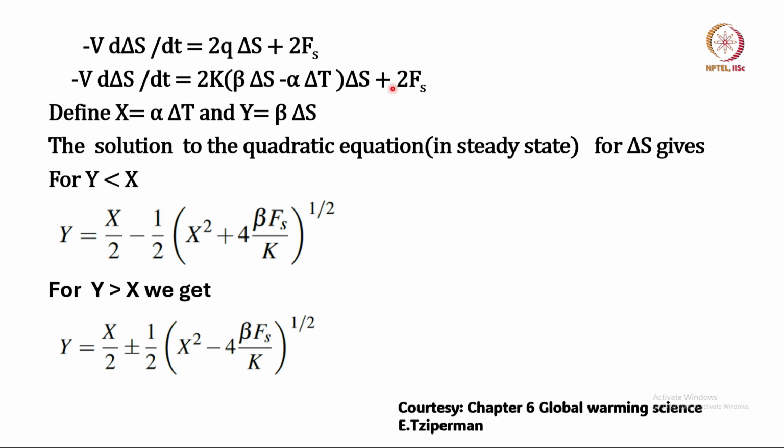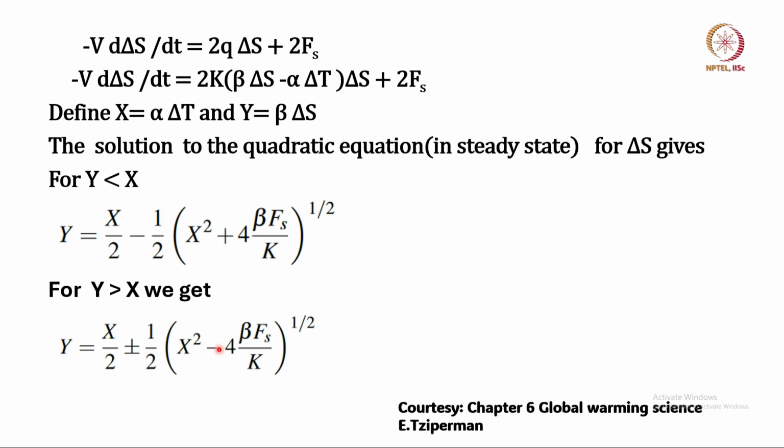For convenience, we define x as alpha delta T, y as delta S, and you can write those equations for y less than x and y greater than x, and you get one solution for y less than x and two solutions for y greater than x.